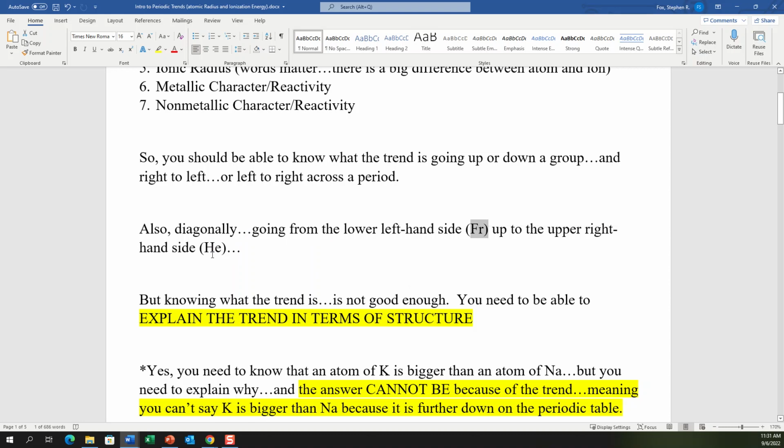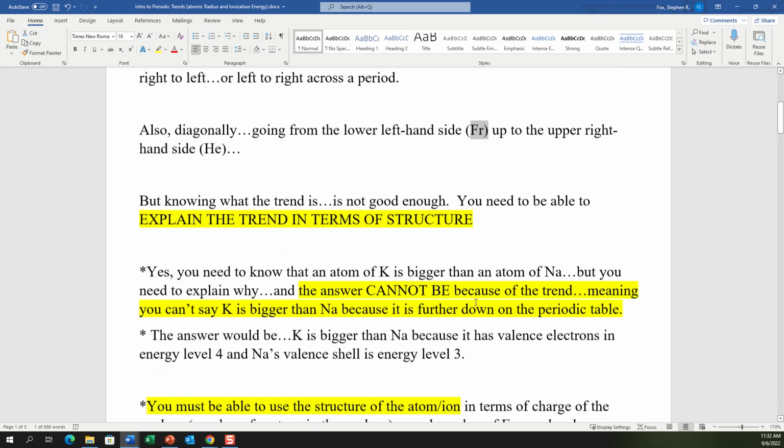So if I know helium is the biggest or greatest of whatever trend I'm talking about, then I know as I go left to right and go up, it must be increasing. But if francium is the biggest, then as I go left to right, it must decrease, and as I go down, it must increase. So that kind of thing, all right?